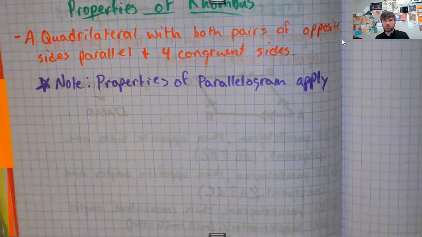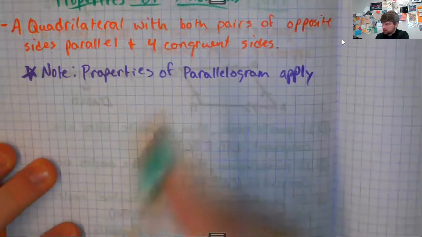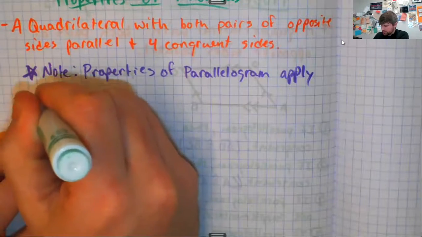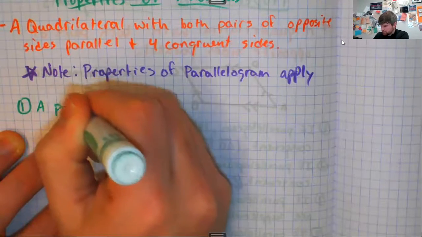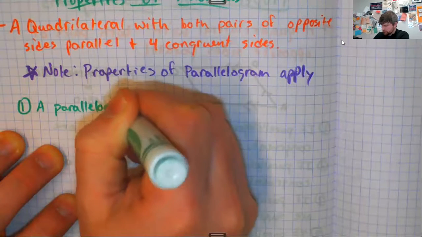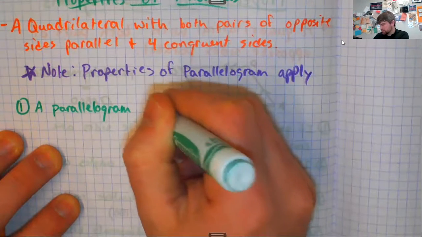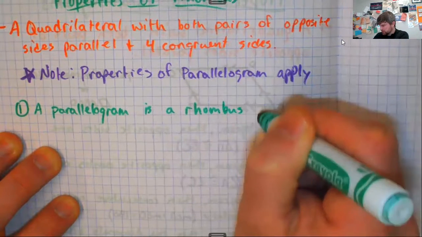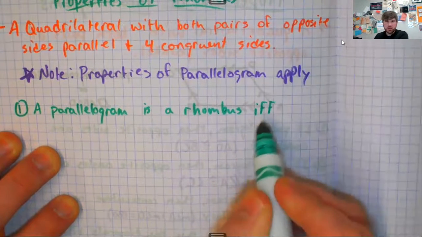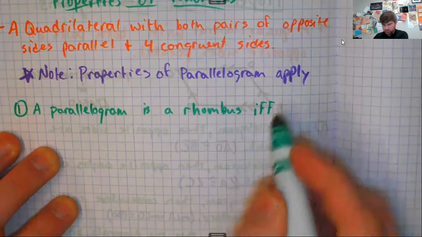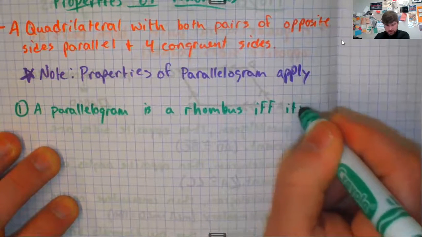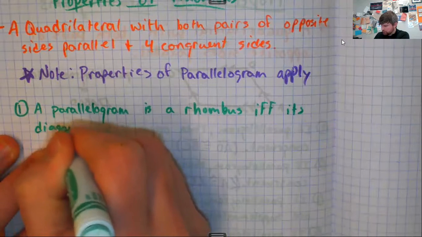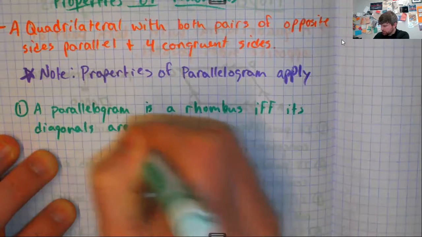So there's only 2 properties here that we have with a rhombus, and that is number 1, a parallelogram is a rhombus if and only if, which is spelled IFF, and this stands for if and only if, its diagonals are perpendicular.